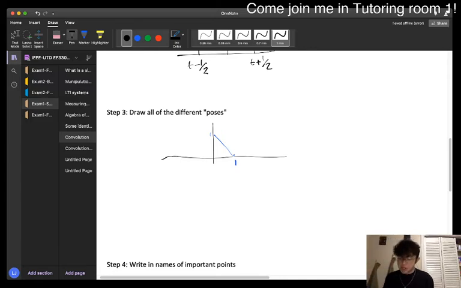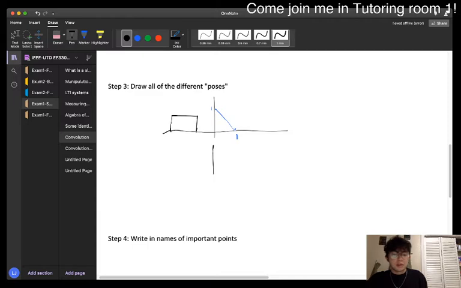So we're going to draw what I call the poses. We'll have the box all the way to the left. We're going to draw another diagram where the box is slightly overlapping on the right.